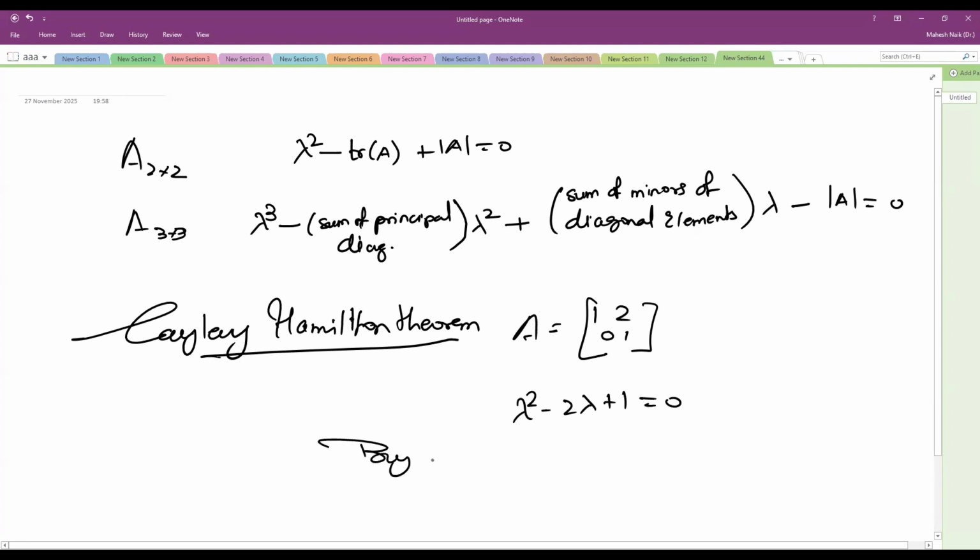So by using the Cayley-Hamilton theorem, we can say that A square minus 2A plus identity is equal to a null matrix, which becomes a very important statement because a lot of things can be deduced from this. Like we can find the inverse of the matrix, and we can also find some higher order expressions involving matrices by using this statement, because we know that this expression is equal to 0.